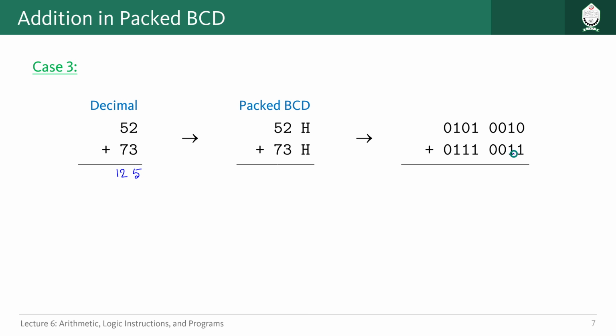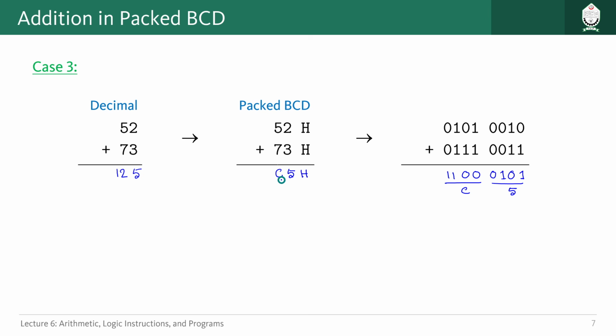If you add these two values, you are going to get 1, then 0, then 1, then 0, 0 0 1 1. So this is C and this is 5. So here the value is C5H, which is not equal to 125, right? So how to solve that?